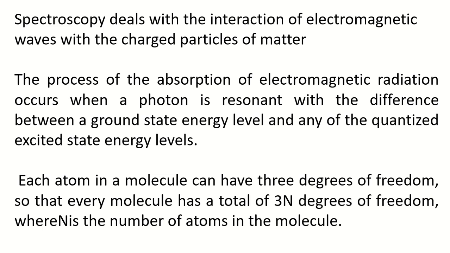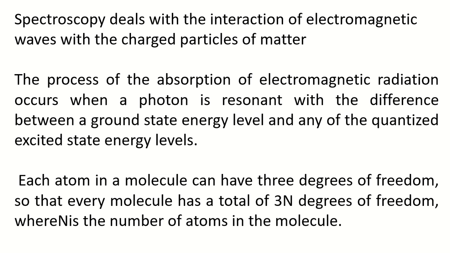The process of absorption of electromagnetic radiation occurs when a photon is resonant with the difference between the ground state energy level and any of the quantized excited state energy levels.